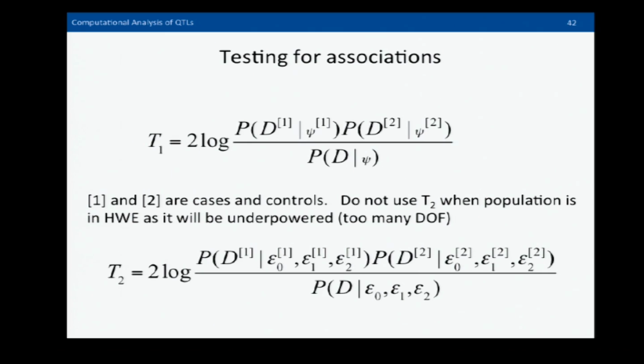On the other hand, in the top, you only have 1 degree of additional freedom to pay for the difference in simply the reference allele frequency. And so these are 2 different metrics you can use to test for associations for a particular SNP in 2 different case and control populations.